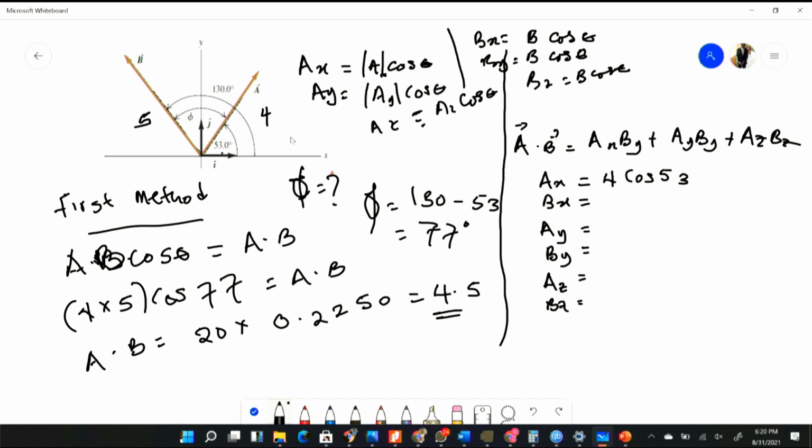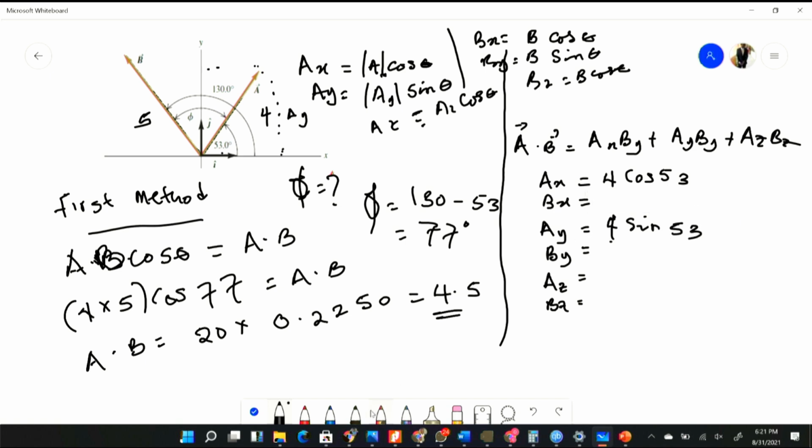But for my AY, if it is on the y-axis, my AY is going to be sine, not cos, please, because it's vertical. So I have A sine theta and B sine theta. So for this, I have 4 sine, and my angle here is 53.